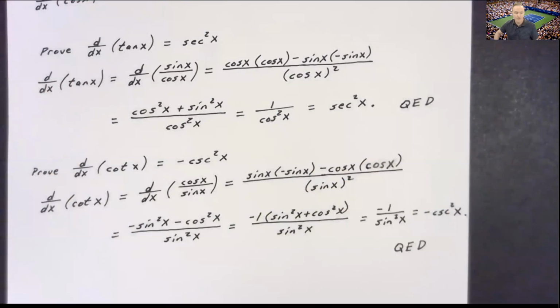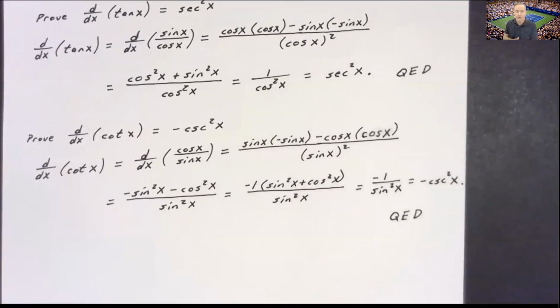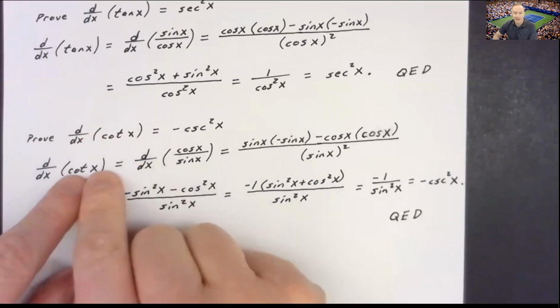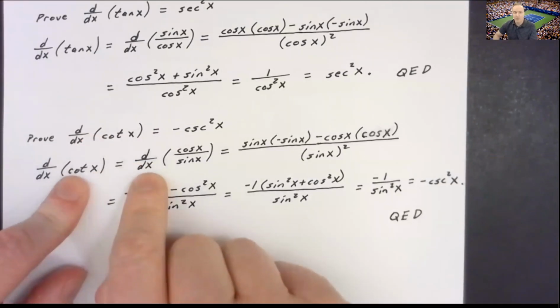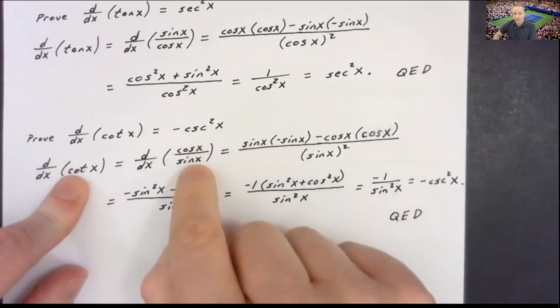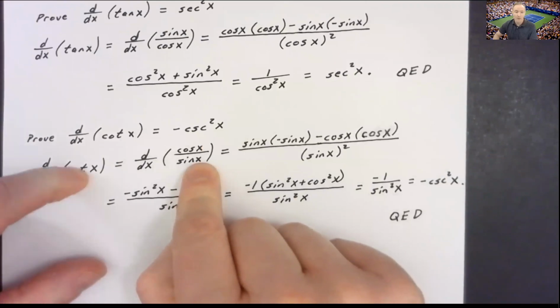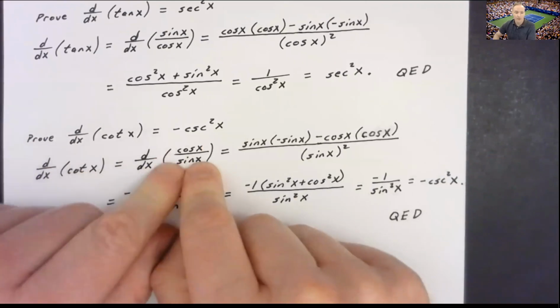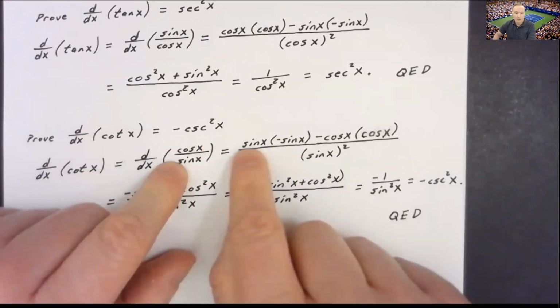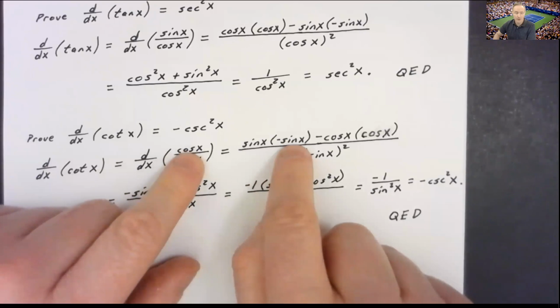Quod erat demonstrandum. Now, for the cotangent proof, I know that the derivative of the cotangent is the same thing as saying, what's the derivative with respect to x of cosine over sine? Then with the quotient rule, I square the denominator, bring that denominator up to the numerator, times the derivative of the numerator.